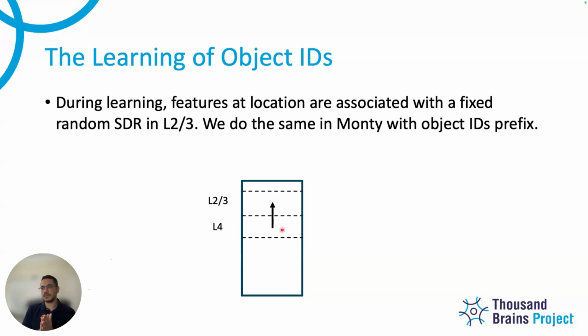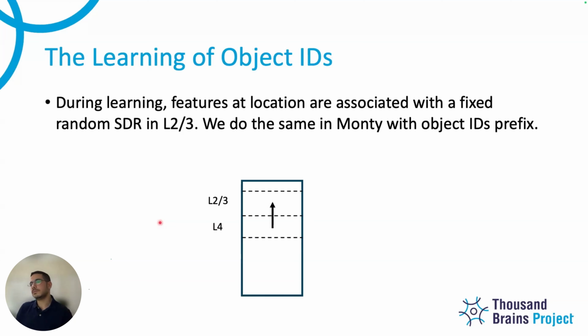Even in the columns paper, the 2017 paper, we create a random SDR, we fix it, and then we say, okay, all of the features that we're going to see next are associated with this random SDR that we've put into layer 2 and 3. We do the same thing in Monty, except that the object IDs don't really have a representation like a random SDR. It's just a string, a graph ID that we say, okay, this is object A, object B, or whatever. But we're still associating all of these features at locations only inside of this object ID.